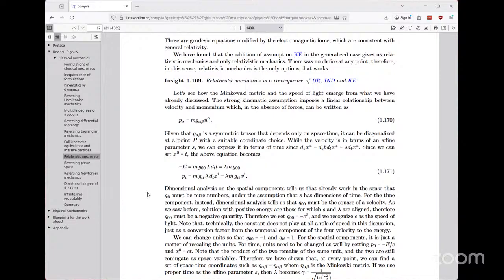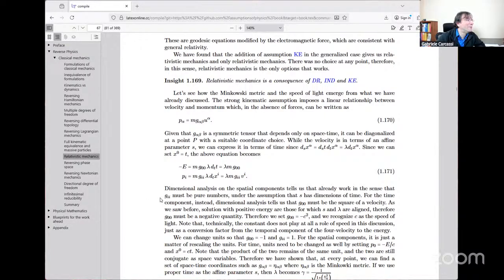Dimensional analysis on the spatial components tells us that already work in the sense that g_ii must be pure numbers, assuming s has dimensions of time. I'm not sure I understand this sentence. I'm sorry, I don't either, so I don't blame you, and I think I wrote it.